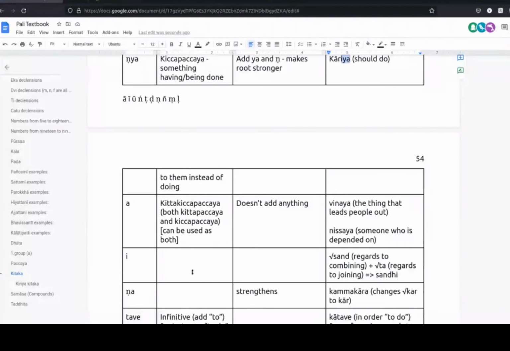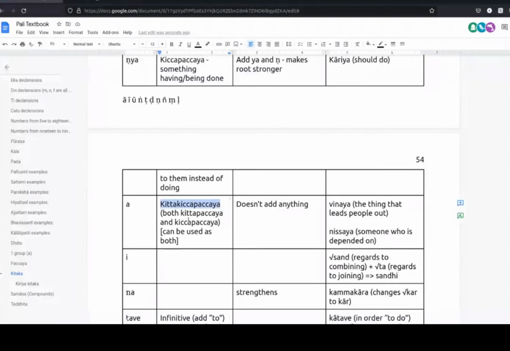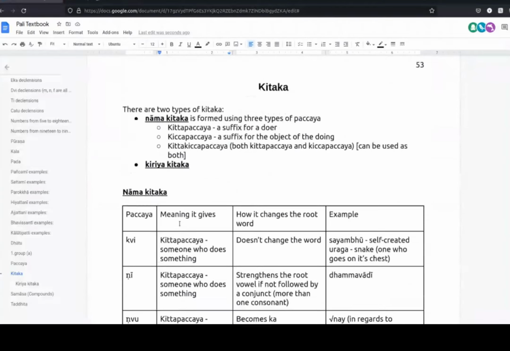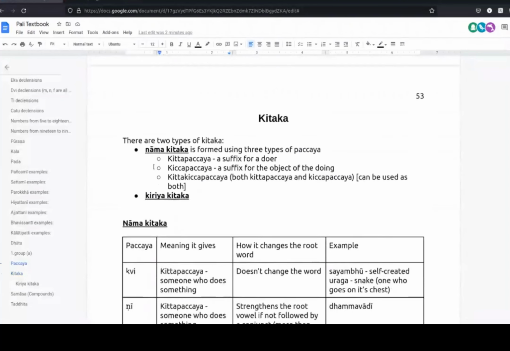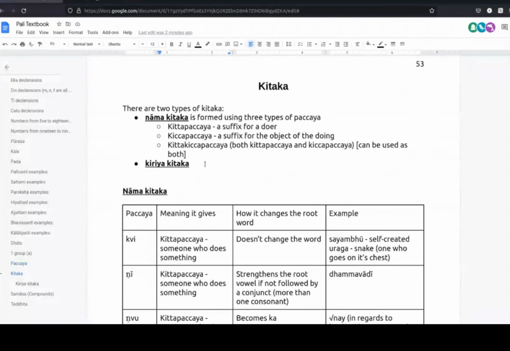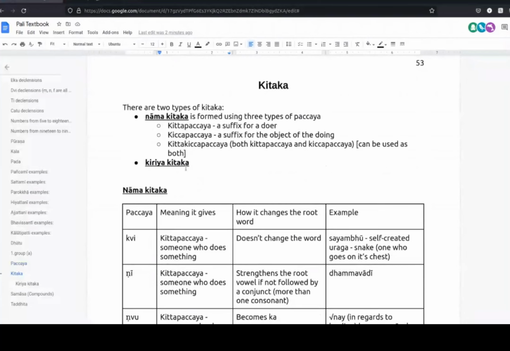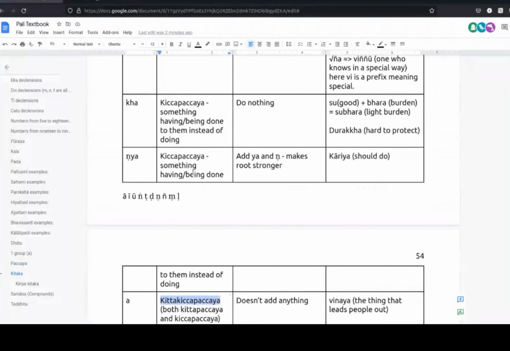Oh, well. This might also be because this is Kitaka already. Shoot, I should have a list of these somewhere. The list wasn't added, but the list of the suffixes would have been useful to know which are kita pachaya, which are kitcha, and which are kita kitcha. Anyway.